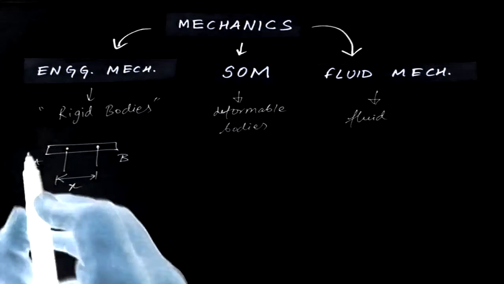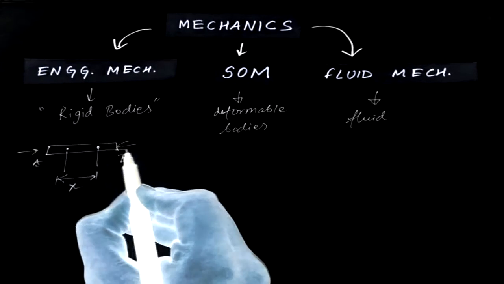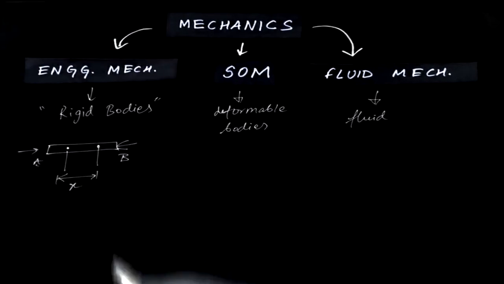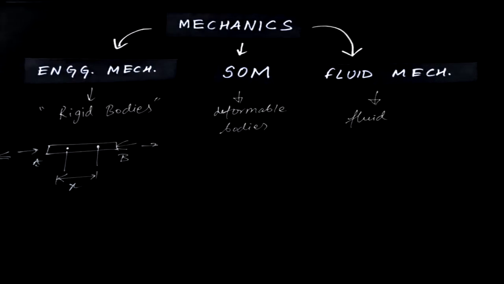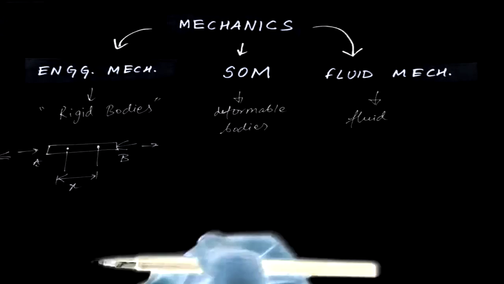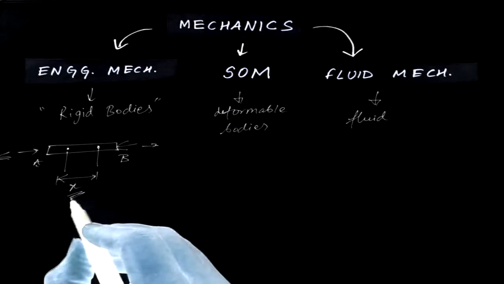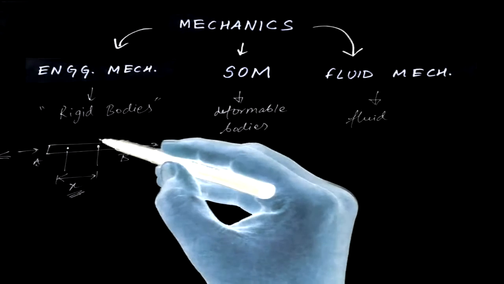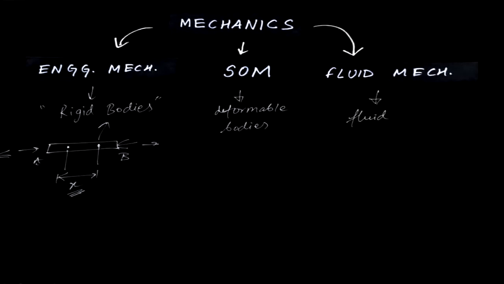Now if I apply a compressive force or a tensile force on this object, even after application of these forces, if the value of x, that is the distance between adjacent molecules, is not changing throughout the application of external forces and loadings, then such an object is a rigid body.